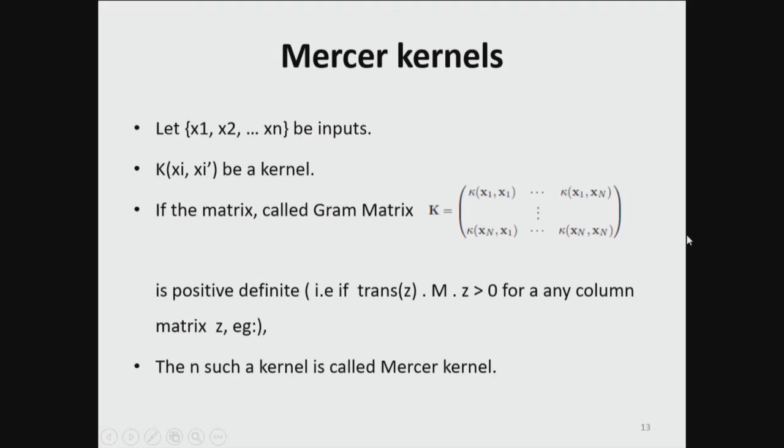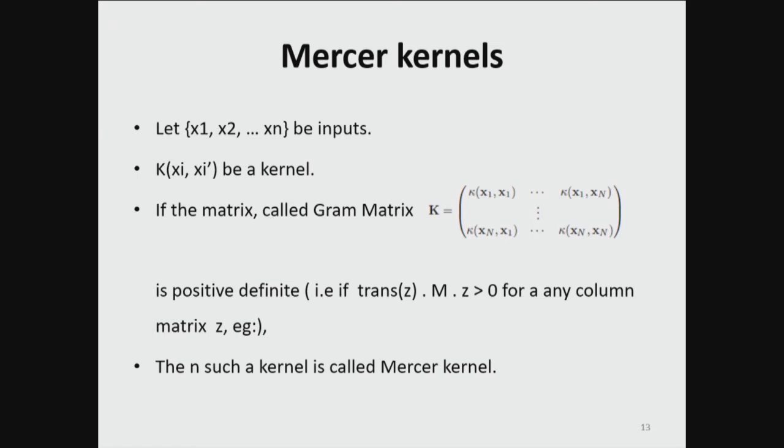The number of rows will be equal to n, and the number of columns will be equal to n. Such a matrix is said to be a gram matrix. Therefore, a gram matrix is nothing but a matrix of n by n order, where the entries in the matrix are the kernel function values of each and every pair.